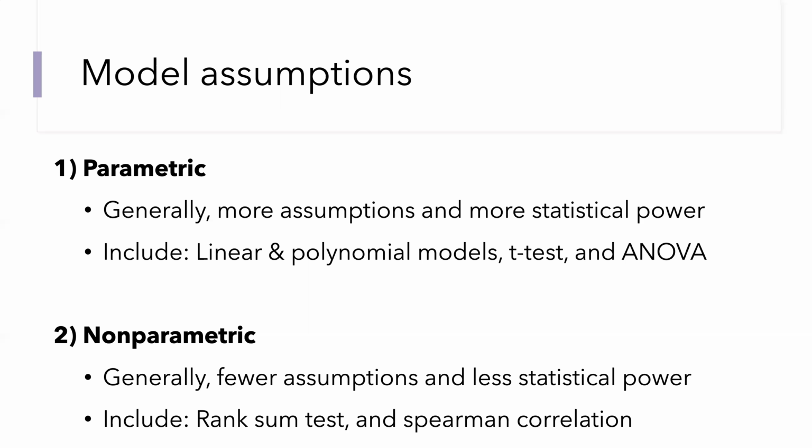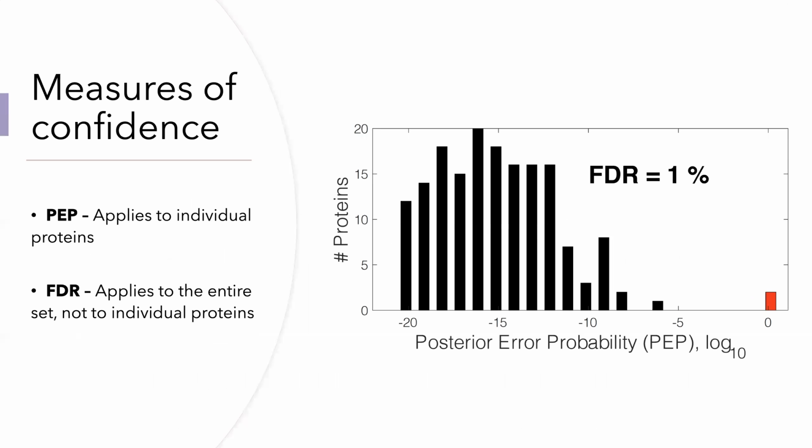These methods can include, for example, the rank sum test, which is a non-parametric counterpart to the t-test. It can include Spearman correlation. It can include a non-parametric ANOVA, which is ANOVA performed on the ranks of the data points rather than the data points directly, and so on.